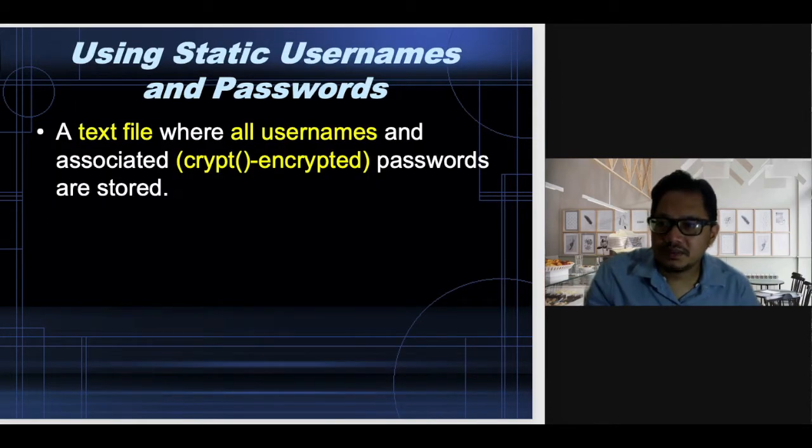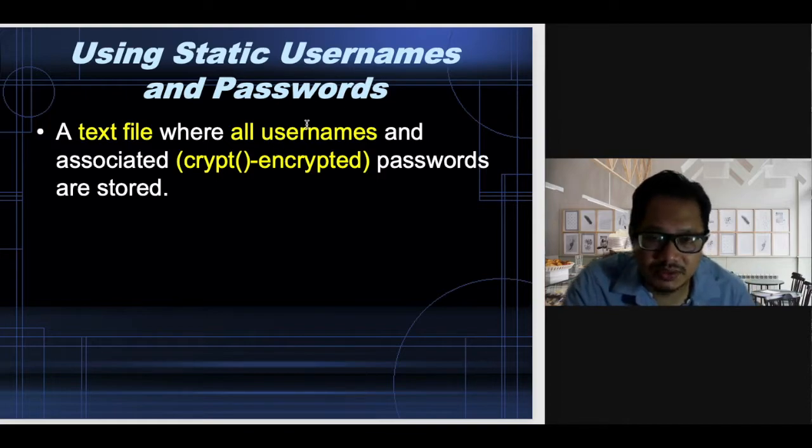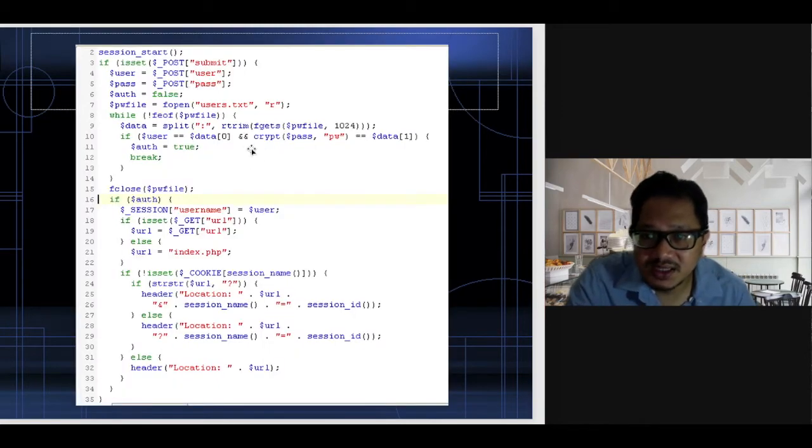This one implements using PHP session, using a static username and password. You make a session, but the username and password are static. You put them in a text file, with the username and an associated encrypted password. We use encryption for the password. This is the example.